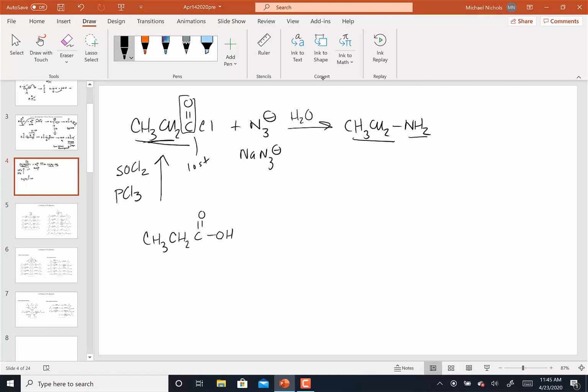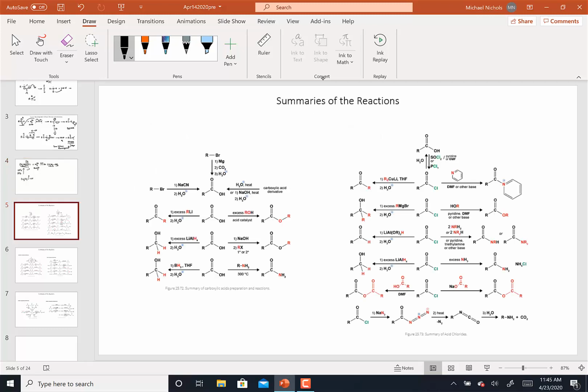So that is the last of the topics in chapter 25. What I've done in the rest of the slides is I have cut and pasted from the Top Hat textbook the summaries of all the reactions, all of them that we've done in this chapter in terms of all the different conversions. So this is a summary of all those different reactions and how you can interconvert one into the other.